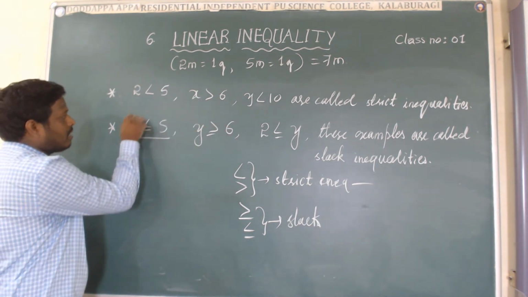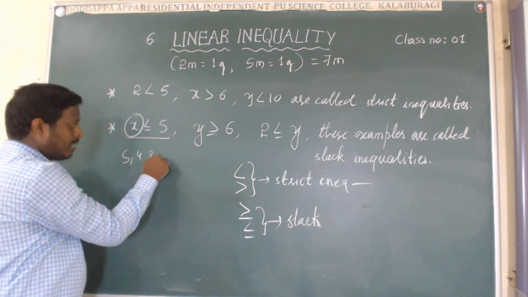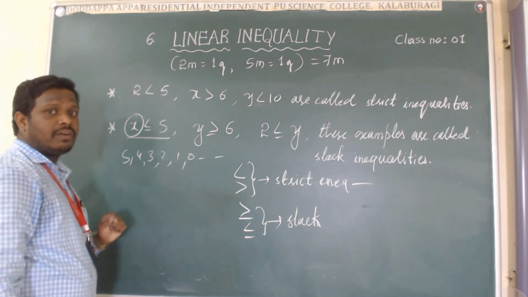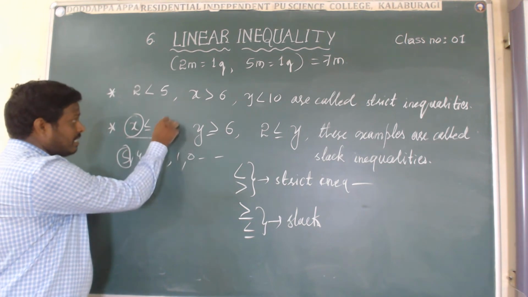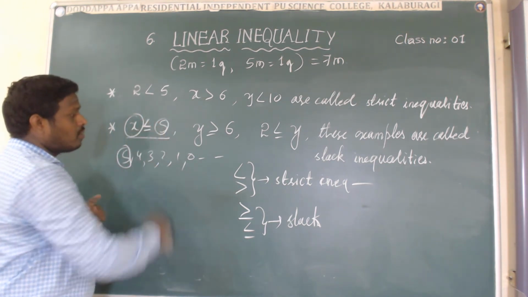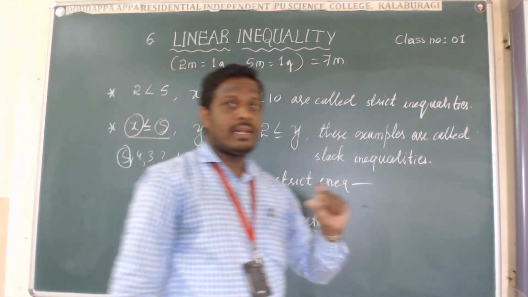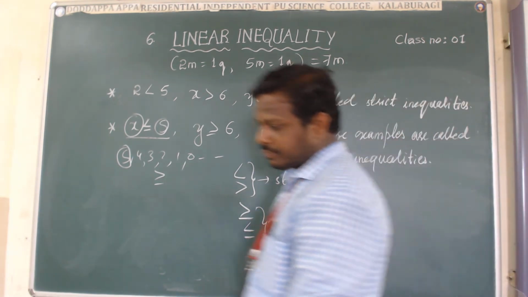For example, the values of x here are 5, 4, 3, 2, 1, 0, and so on up to minus infinity. This means the equal will be coming, no? So that's why less than or equal to symbols or greater than or equal to symbols are called slack inequalities. Getting it? Okay.